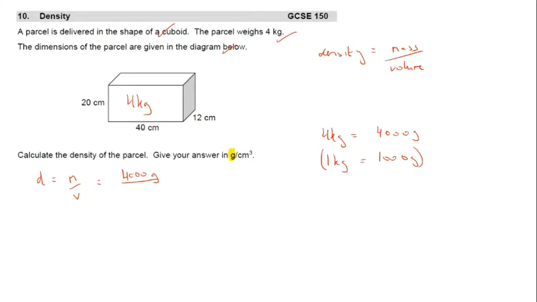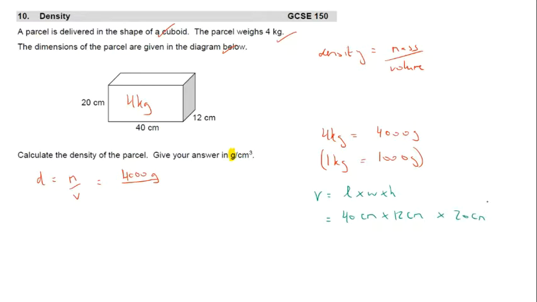And at the moment, what is the volume? I don't know, but we know, don't we? Remember, a cuboid's volume is just the length times the width times the height. So it's going to be 40 centimeters times 12 centimeters times 20 centimeters.